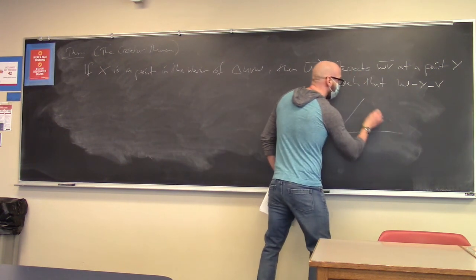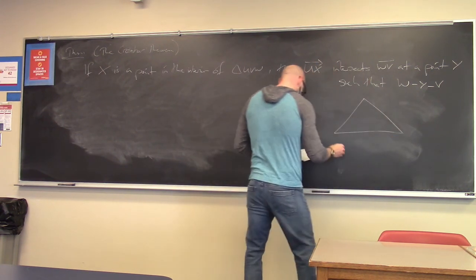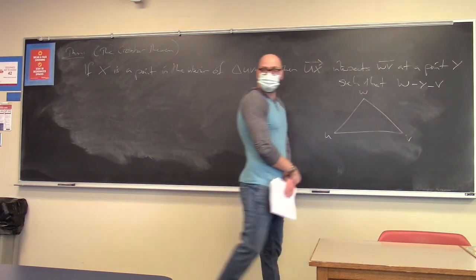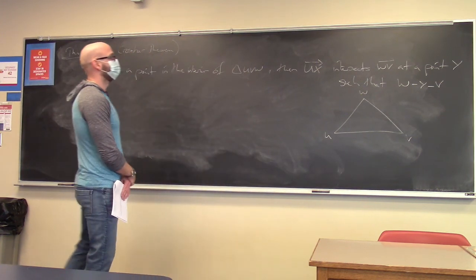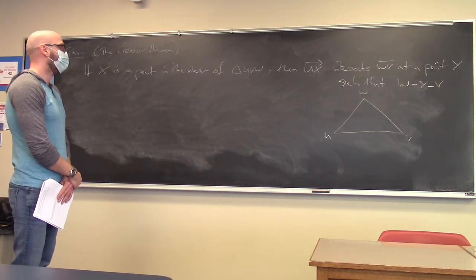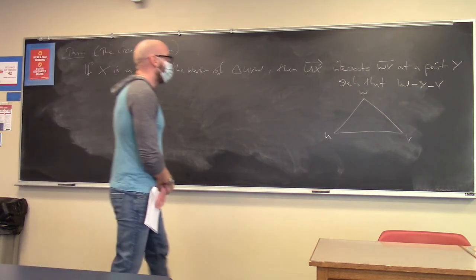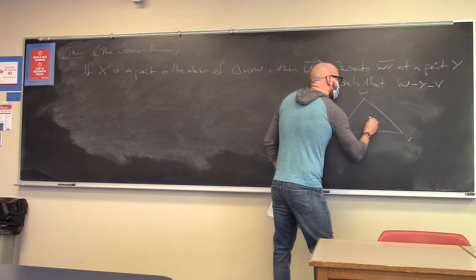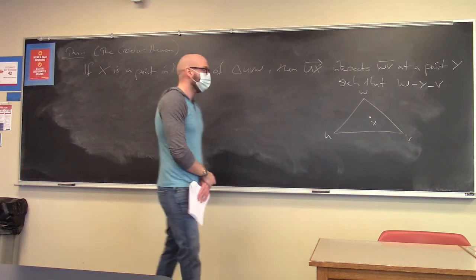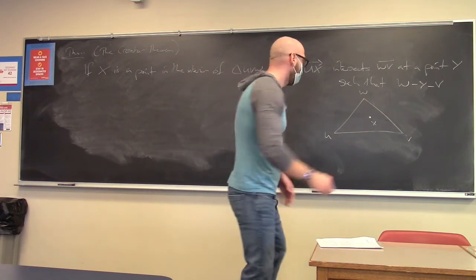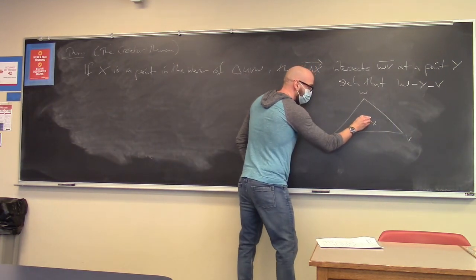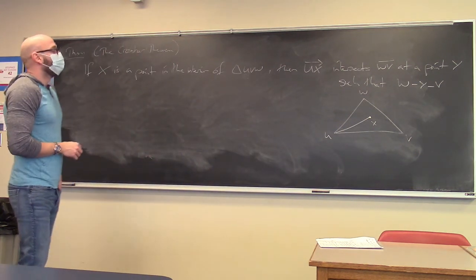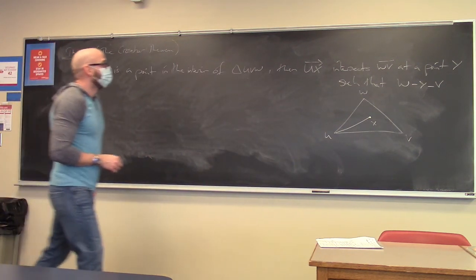Alright, so again, let's parse this. Here I've got a triangle UVW. I've got a point X on the interior, so here's my point X. And I'm saying, okay, let's take the line segment UX, and then let's extend it.